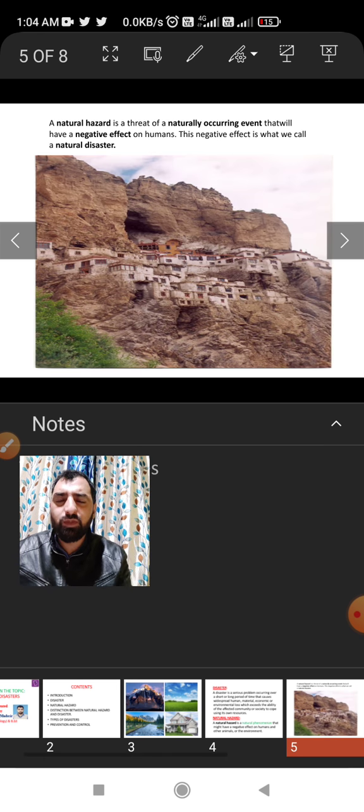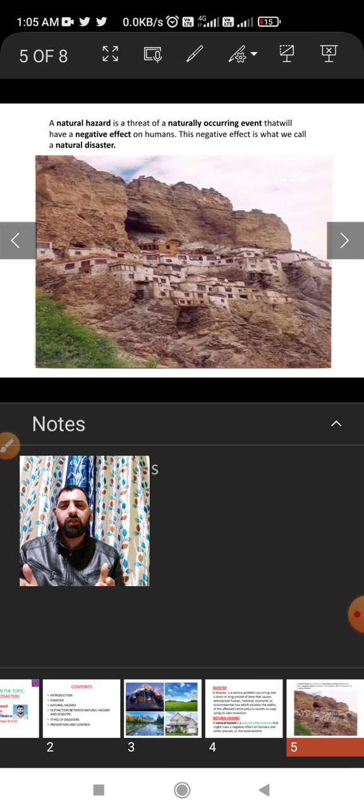So let me try to explain you in a bit easier way through this image. As you can see, a number of houses has been made in the lap of a rocky mountain cliff. So let's imagine what will happen if an earthquake occurs at this place. These rocks, they may develop cracks in the weak zones, and with the passage of time these cracks may eventually enlarge and these rock blocks get separated.